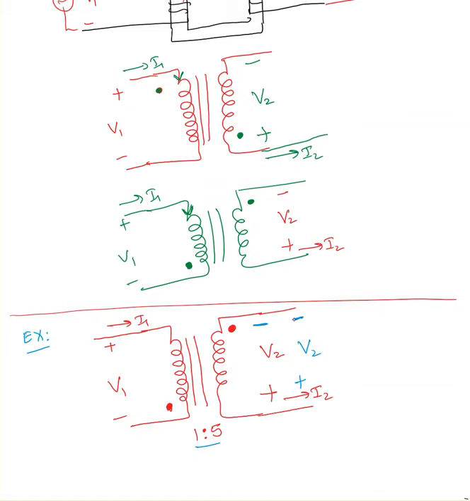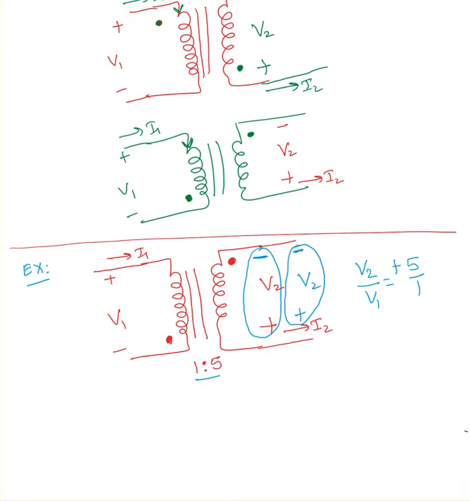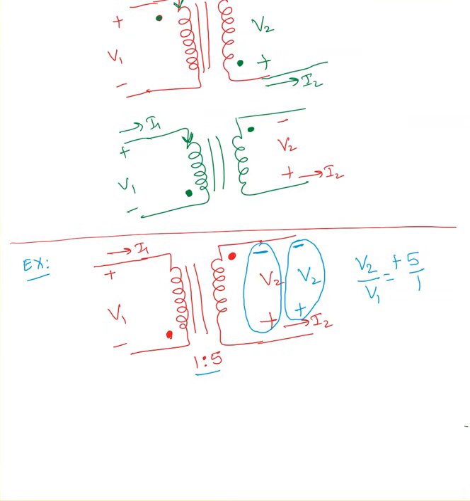So when you calculated, you end up with negative and positive, and he also gave you the same thing, positive and negative. So when we write the transformer ratio, V2 over V1, you will end up with 5/1, with the positive sign there. Why I put positive, you will see in the next example.